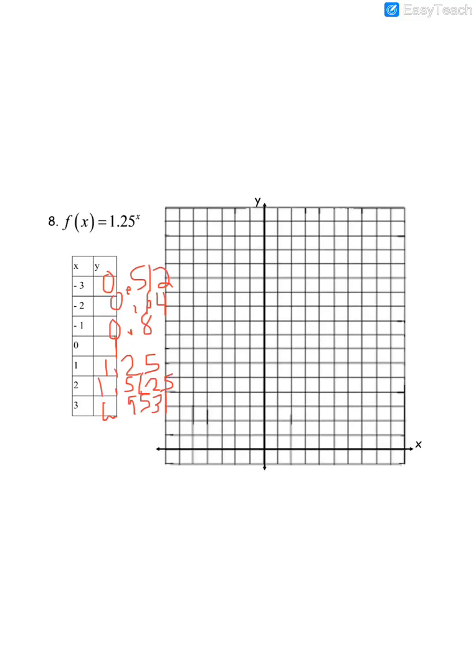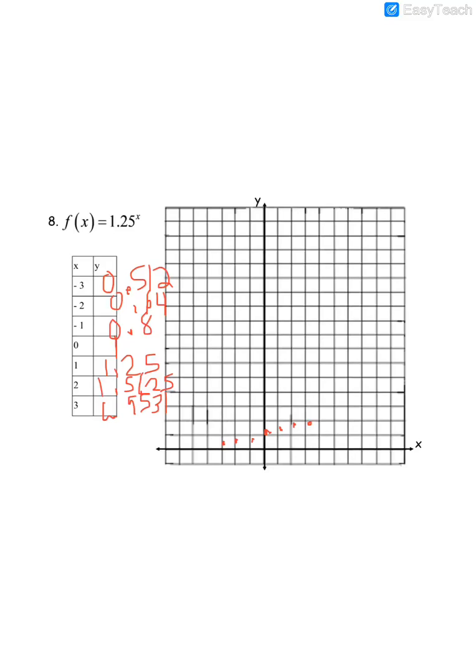We'll see what happens. Okay, so -3 is about a half. -2 is a little bit higher than that. -1 is almost at 1, it's at 0.8. 0, 1. 1, 1 1/4. 2, 1 1/2, about. 3, a little under 2.